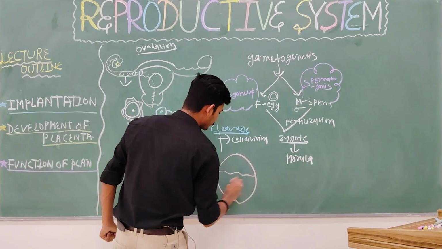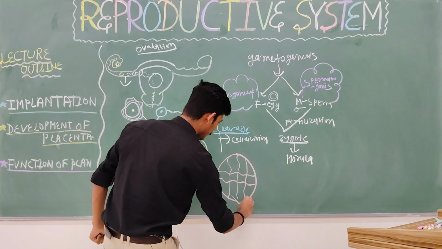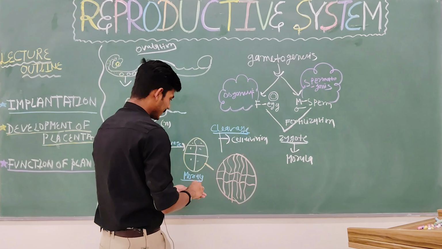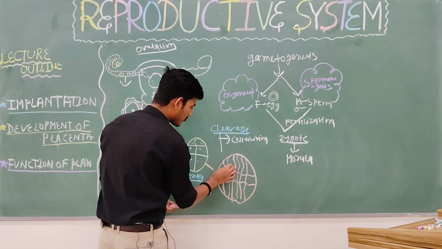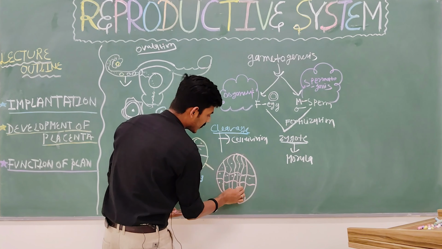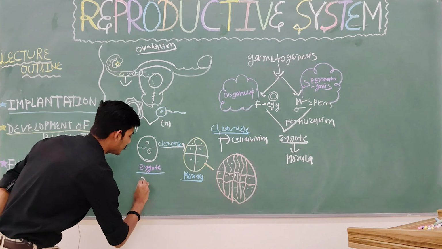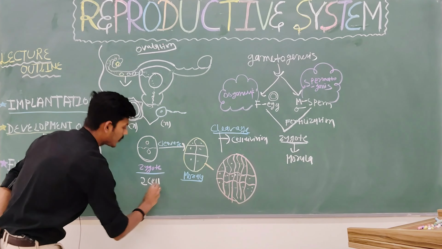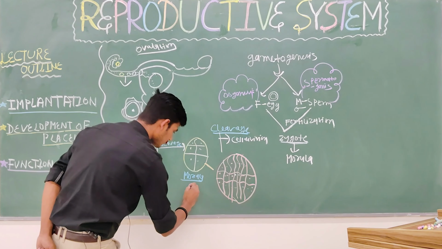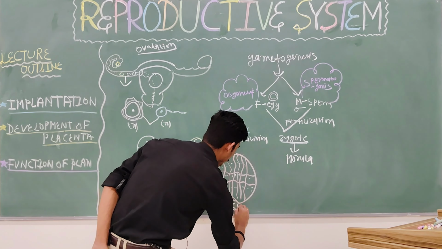The 64-cell stage. Now you are surprised. You can make this many divisions. If you talk about the number of cells, how many cells is it having now? It's having 64 cells. From the 2-cell zygote, it becomes 4 cells, then 8 cells, 16 cells, then 64 cells.